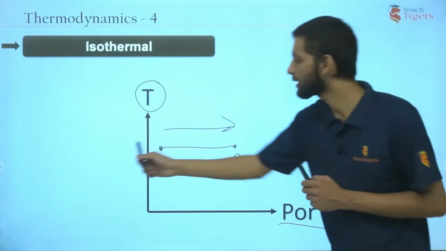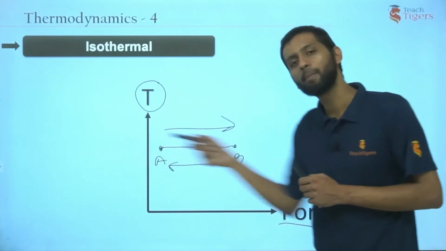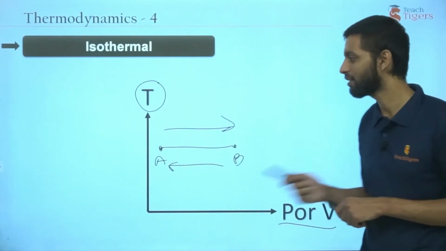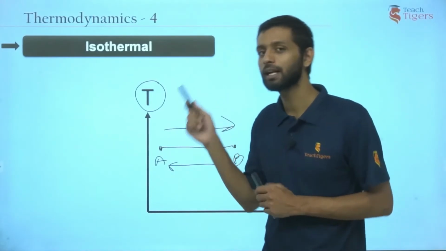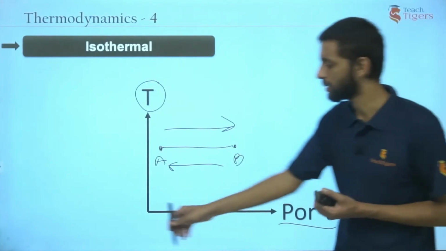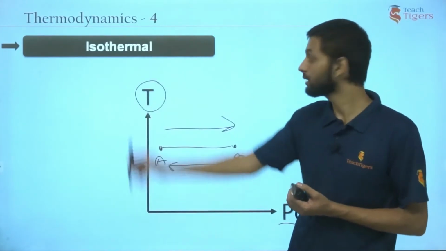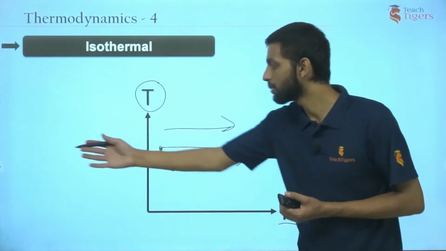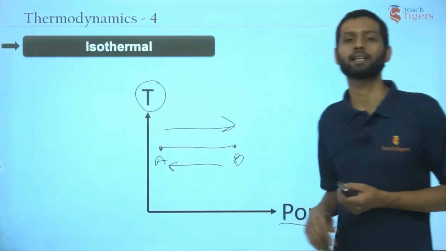I'm not changing the temperature because I'm moving perpendicular to the temperature. If I'm moving along the temperature, I change the temperature. But if I move perpendicular to the temperature, in the left and right direction, I'm not changing the temperature.